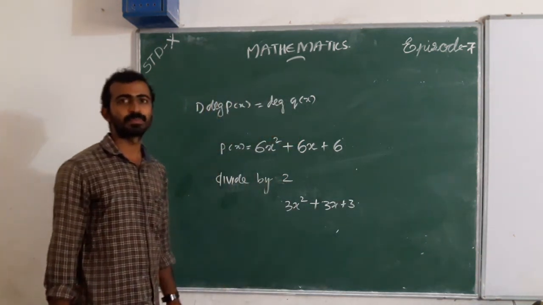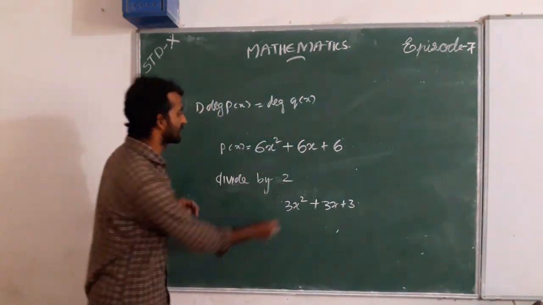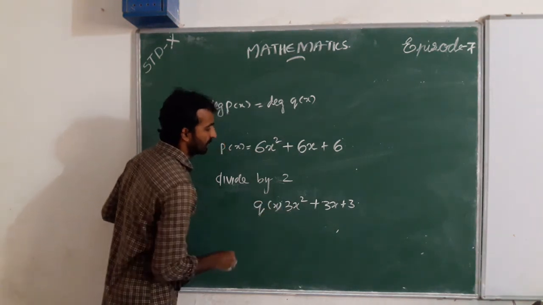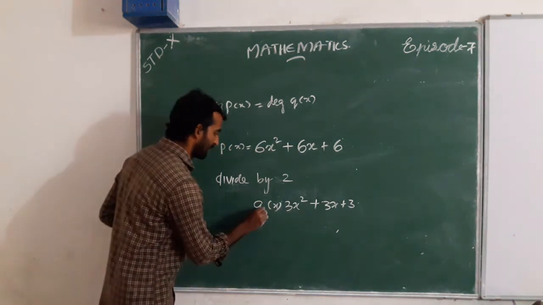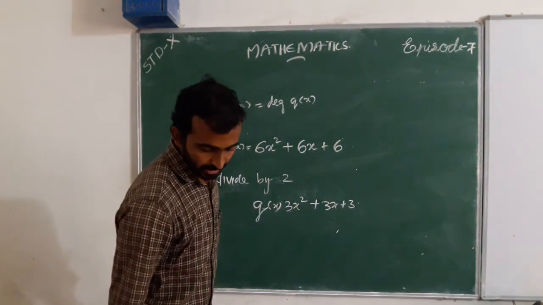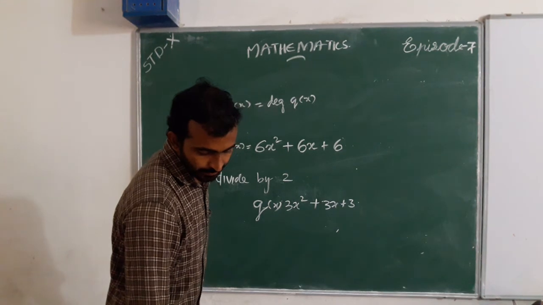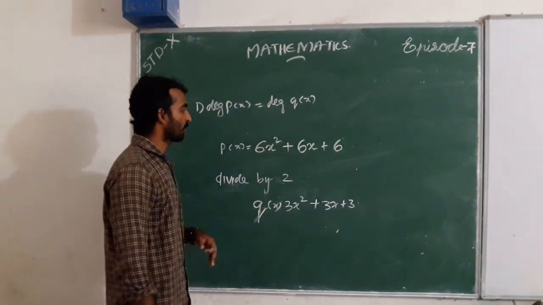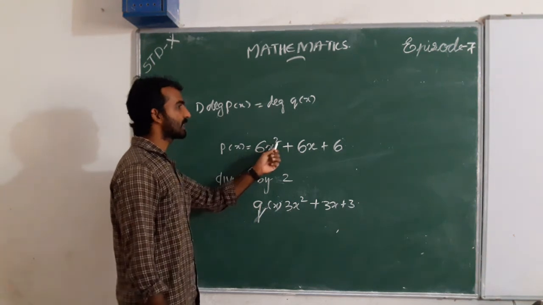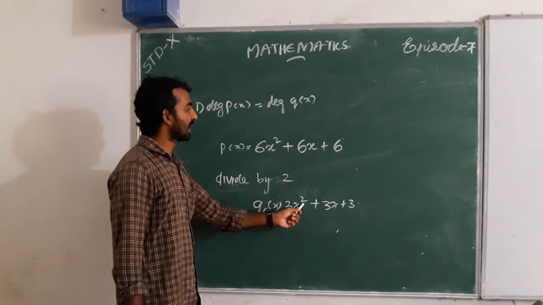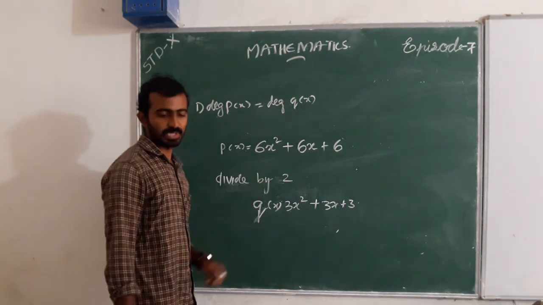Is it right? Yes. This is our q of x, or we can call it g of x. Here degree of p of x is 2 and degree of q of x is 2. That is, the degrees are same.